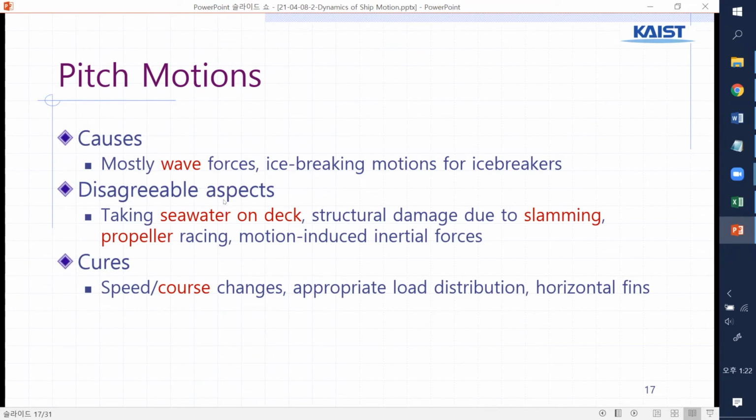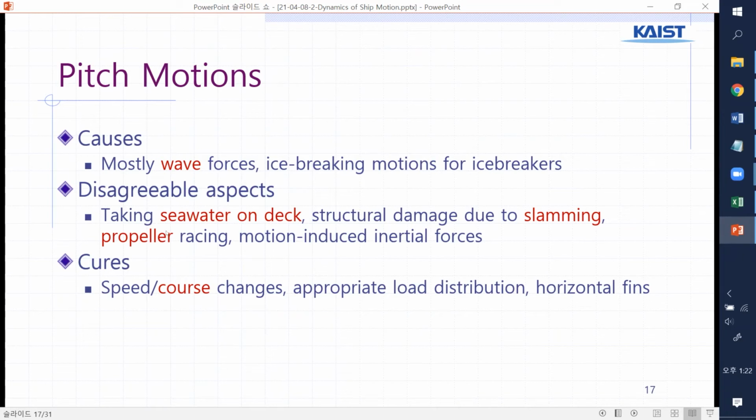The bad aspect is sea water on the deck. If the pitching motion is big, then water comes above the ship onto the deck. And then also there is slamming. Slamming is when the wave hits the bottom of the ship at the front, and if it is big, then sometimes the skin of the ship, the steel plate, can be damaged.